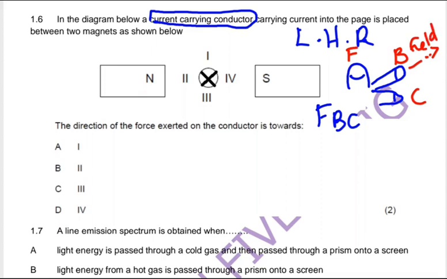So if this finger points in the direction of the field like that, and then your middle finger goes into the page, because that's the current, you'll find that your thumb will point downwards. So the direction in which this current conductor will move is position 3, downwards.